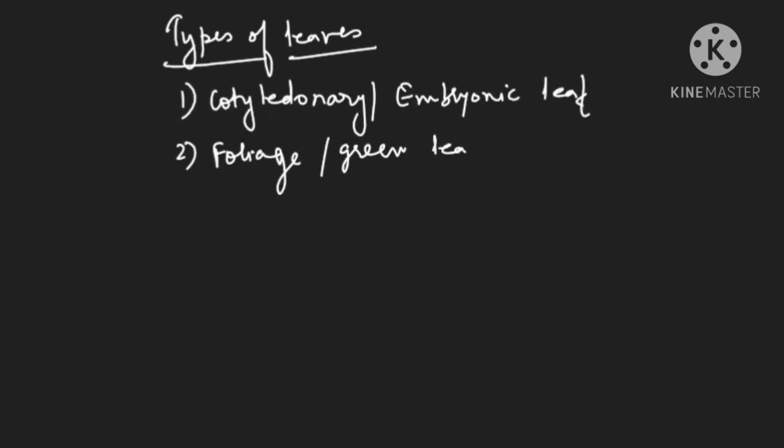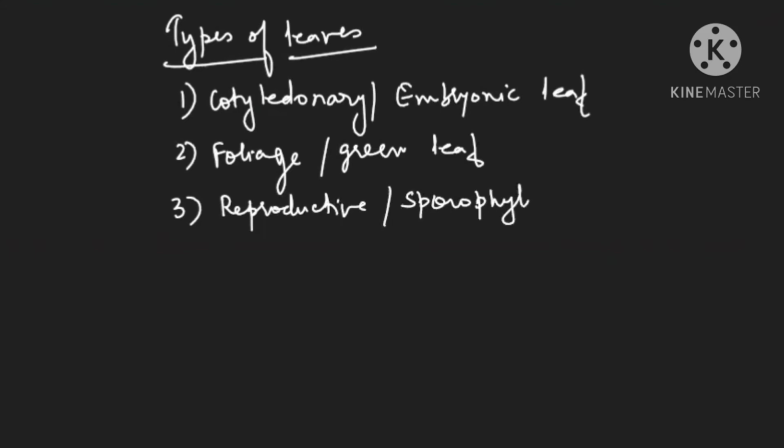But if the leaf is responsible for reproduction, the reproductive leaf is known as sporophyll. Remember, you have studied sporophyll in the plant kingdom. Protective leaf is known as scale leaf, which is brown in color, and its work is protection.